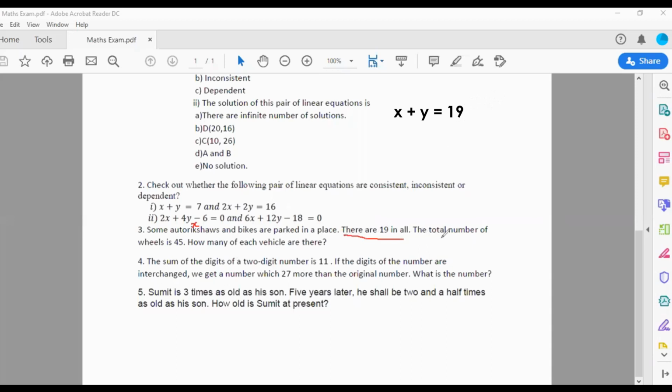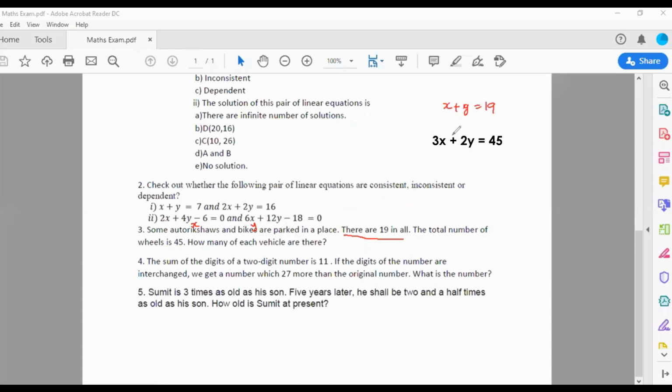Okay, and the second statement is the total number of wheels is 45. So you know how many wheels for one auto and one bike, right? For one auto, there are 3 wheels. So for x autos, there will be 3x wheels. And for one bike, 2 wheels. So for y number of bikes, there will be 2y wheels.